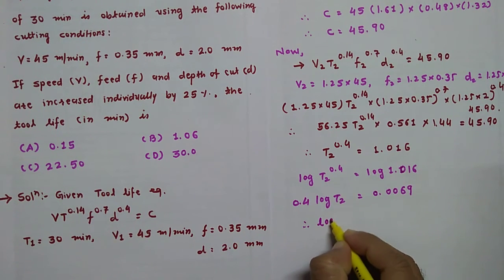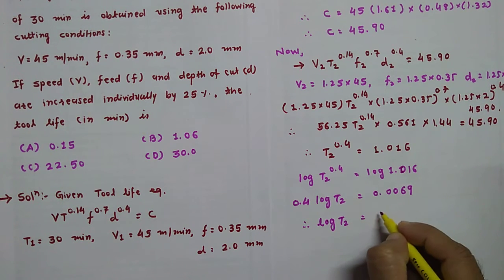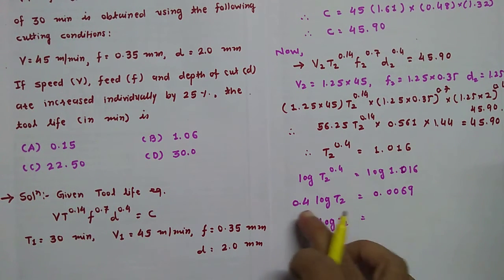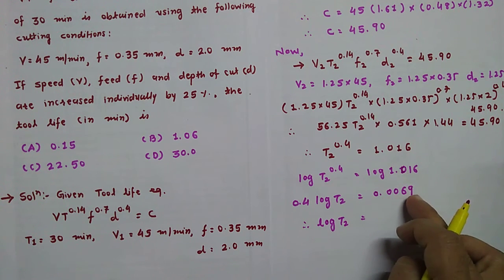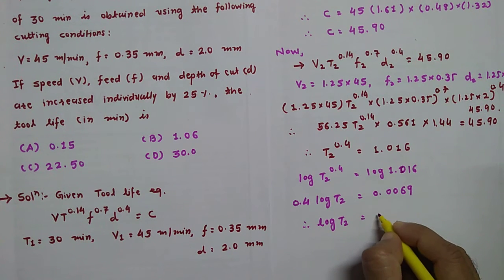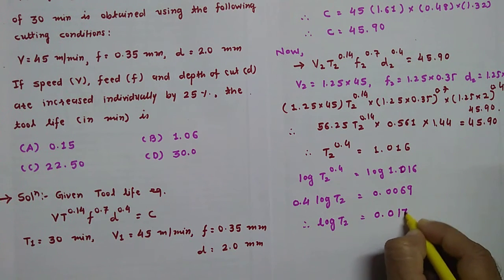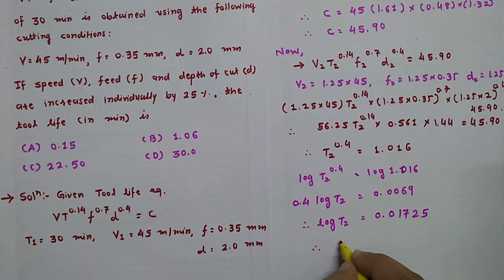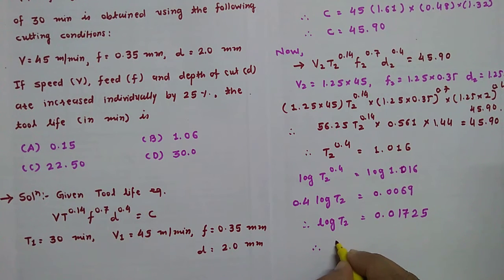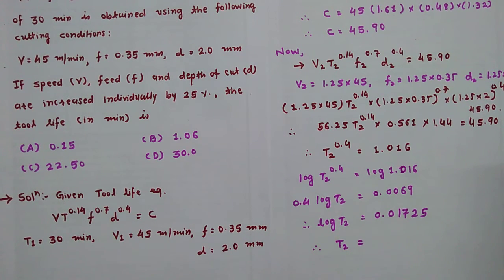So log T2 is equal to 0.0069 divided by 0.14, so you will get 0.0493. So T2 is equal to the inverse log of this, so you will get 1.04 approximately.